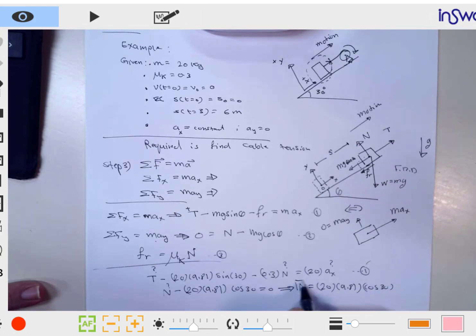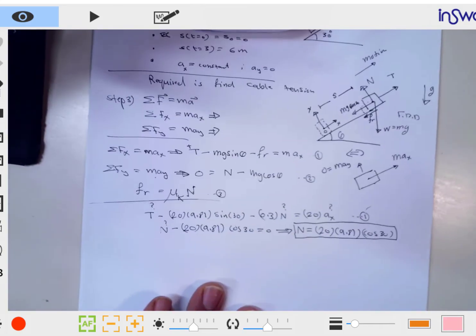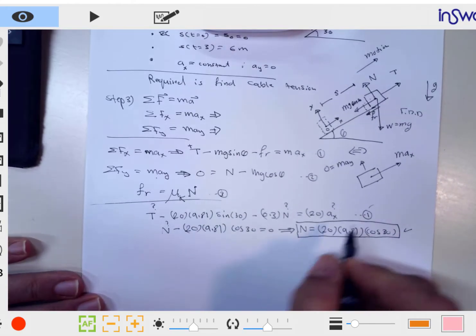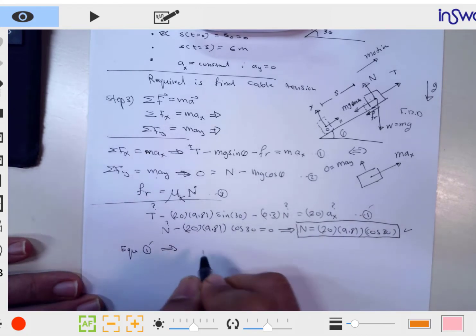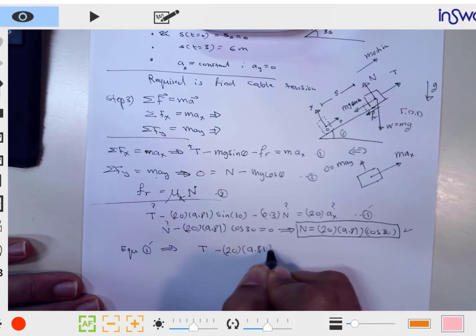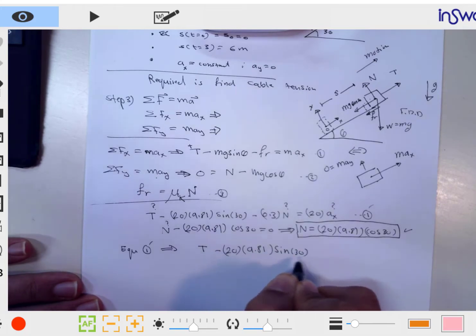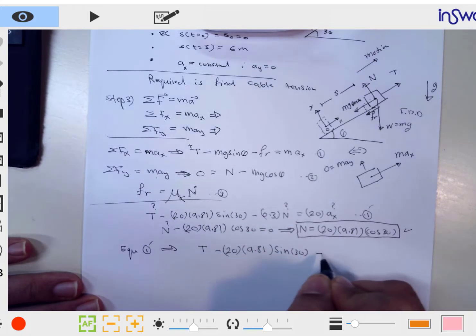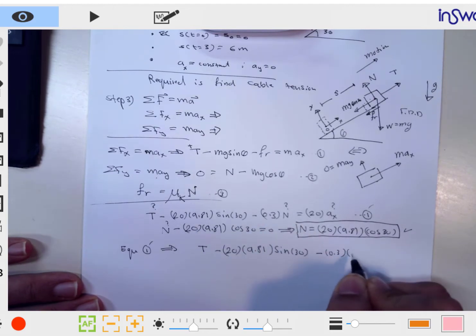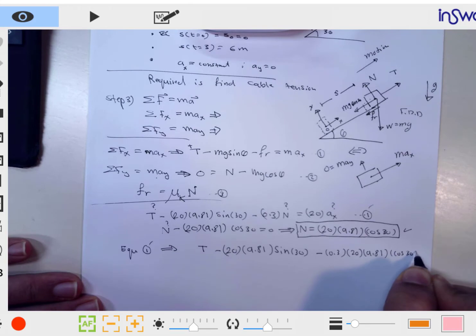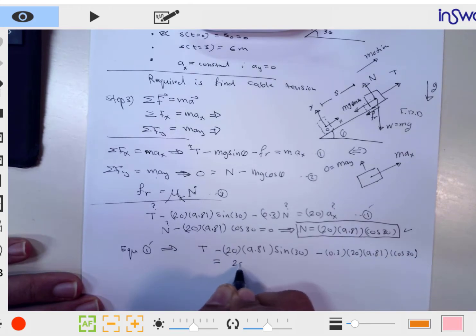So in here we calculated the reaction force N. Okay, so equation 1 prime becomes T minus 20 times 9.81 sine 30 minus 0.3 times, now I'm going to substitute this here, 20 times 9.81 cosine 30, equal to 20 ax.